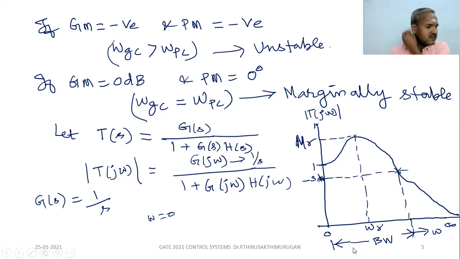So what are the other frequency domain specifications? Resonant peak, resonant frequency, bandwidth, cutoff frequency and cutoff rate.